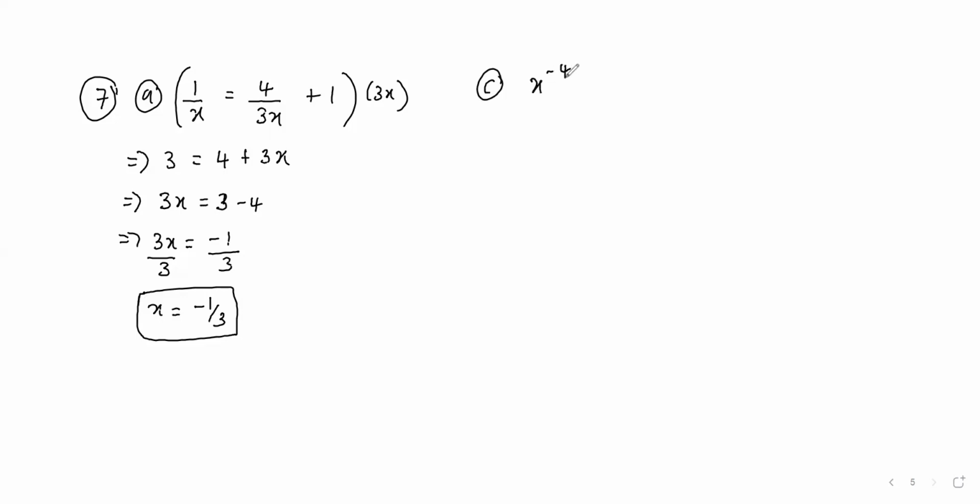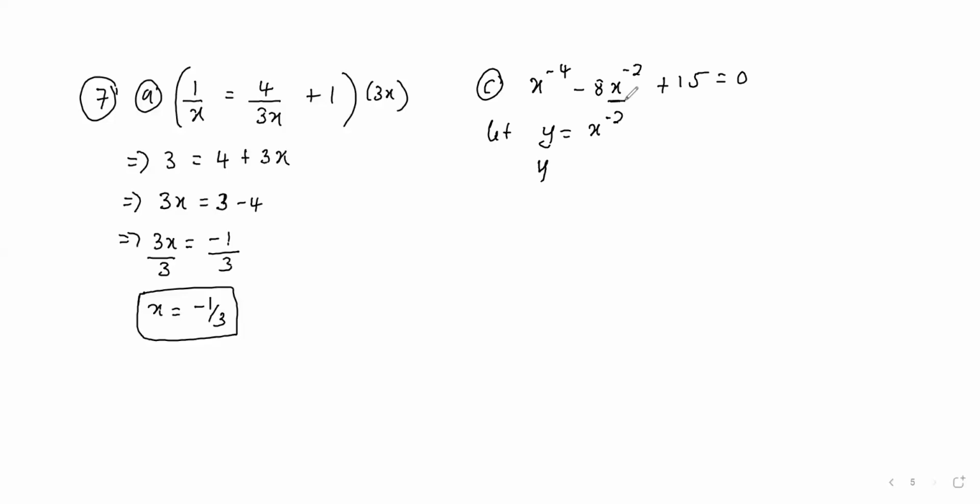x power negative 4 minus 8x power negative 2 plus 15 equal to 0. So here you let y be equal to x power negative 2. This one in the middle.